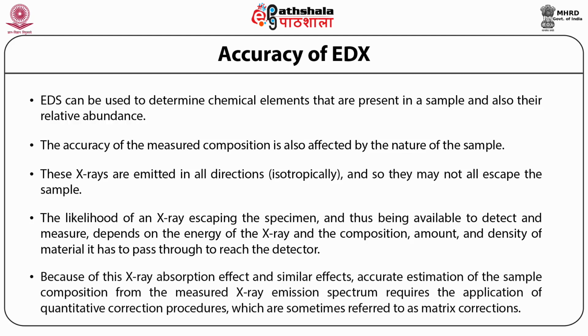Because of the X-ray absorption effect and similar other effects, accurate estimation of the sample composition from the measured X-ray emission spectrum requires the application of quantitative correction procedures, which are sometimes referred to as matrix correction.